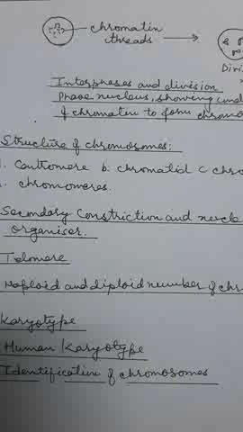Even any abnormality in their structure can also be recognized. Some important techniques are given below. First is banding technique. Various banding techniques used for chromosomal identification are Q banding, G banding, R banding, C banding, and T banding, etc.